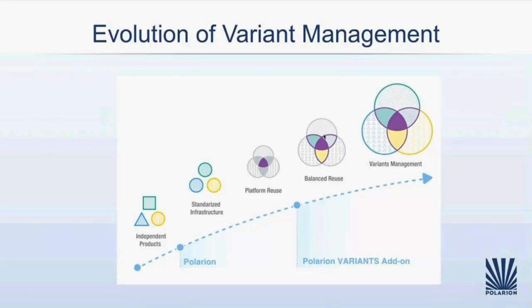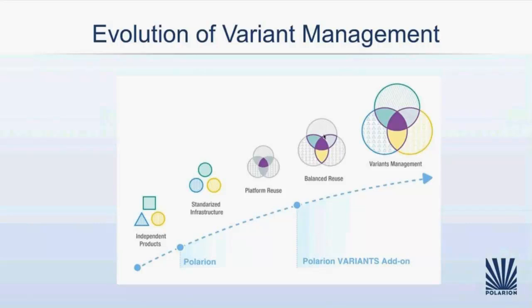Here you see the evolution of variance management as we have seen on the market. We are first approached when the customers have independent products. They use different products for different variants. The teams are not using the standardized infrastructure. And we see a clear benefit of just deploying Polarion to standardized infrastructure or just to allow the platform reuse.